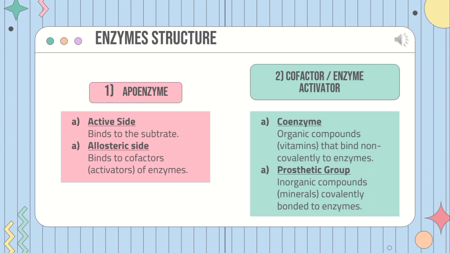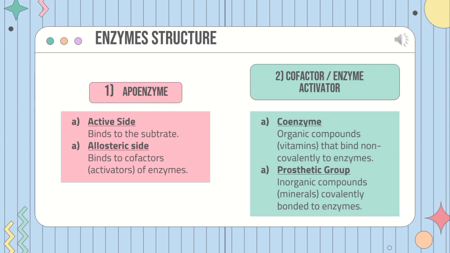2. Enzyme cofactor or activator is part of the enzyme in the form of non-protein compounds. Cofactors can change the shape of the active site so that it can be attached to certain substrates. Types of enzyme cofactors. A. Coenzymes are cofactors in the form of organic compounds or vitamins, which are non-covalently bound to the enzyme.